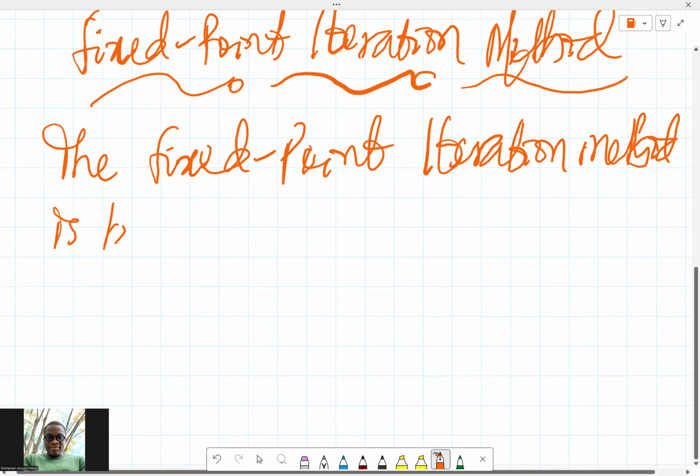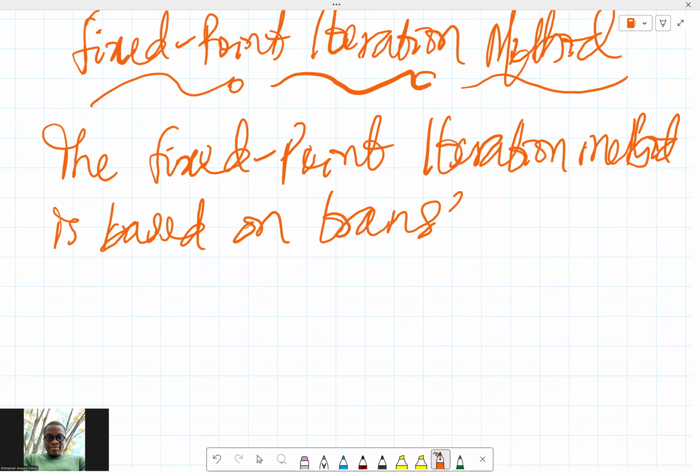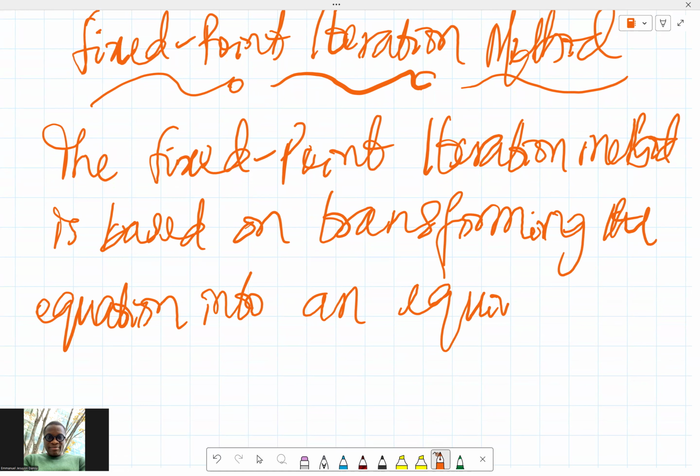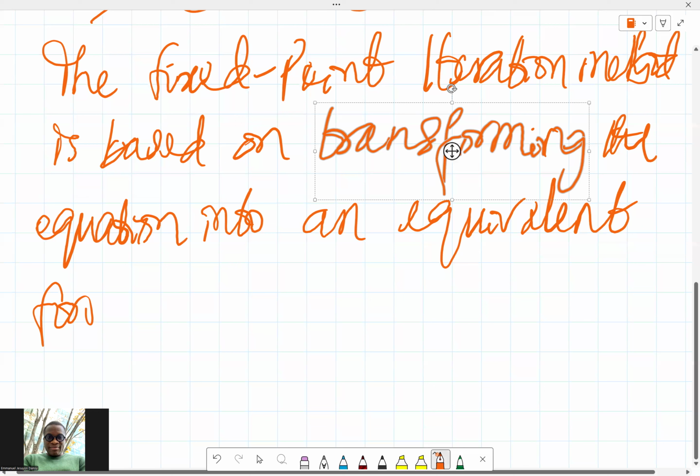Now, the fixed point iteration method is based on transforming the equation, whatever equation you're given, into an equivalent form, x equals g of x.